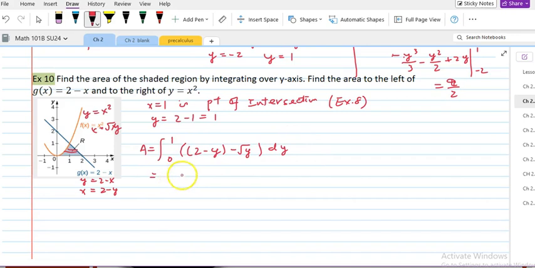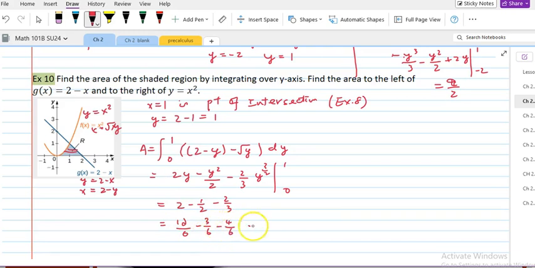Let's see if we can get the same answer. Over 2 minus, this would be 1/2 plus 1 is 3 over 2, y to the 3 over 2. Evaluate 1 to 0. So that means just 2 minus 1/2 minus 2/3. So that would equal, let's say, 12 minus 3 minus 4 over 6, which is 5 over 6.